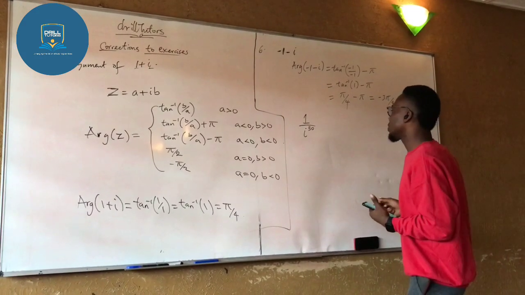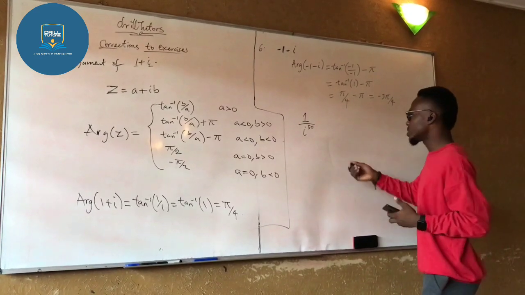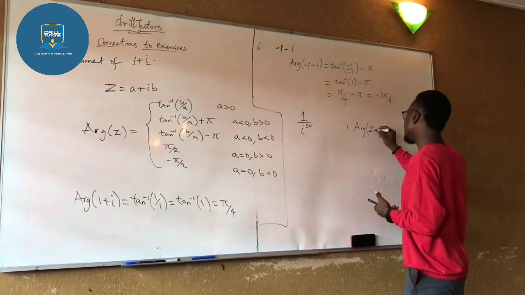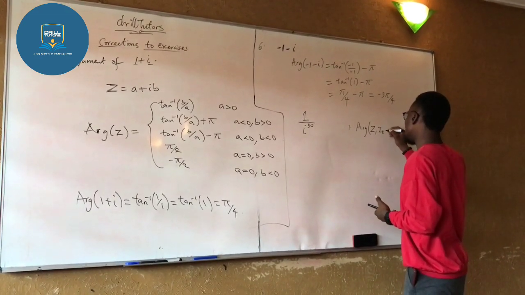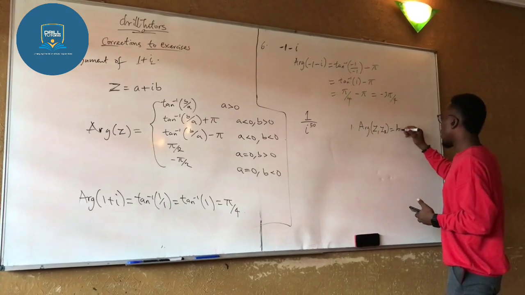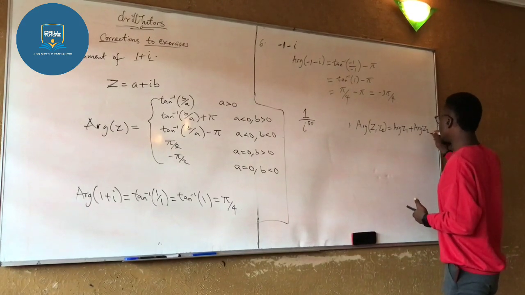In class, we were taught 3 different properties of arguments. The first is that the argument of z1 times z2, the multiplication of 2 complex numbers, is the same thing as the argument of z1 plus the argument of z2.